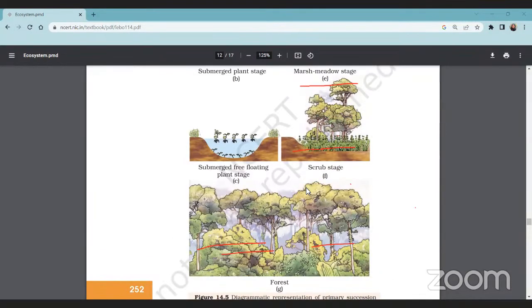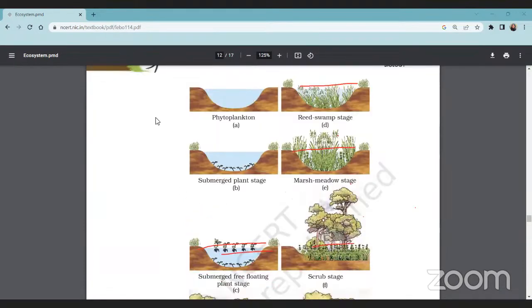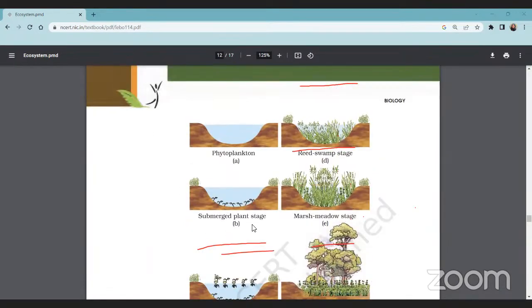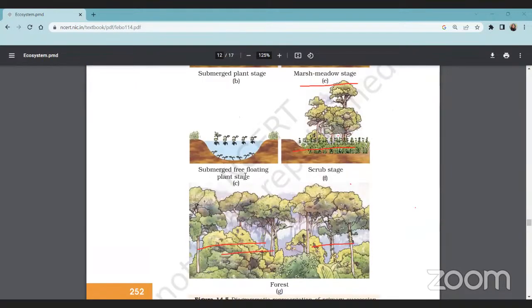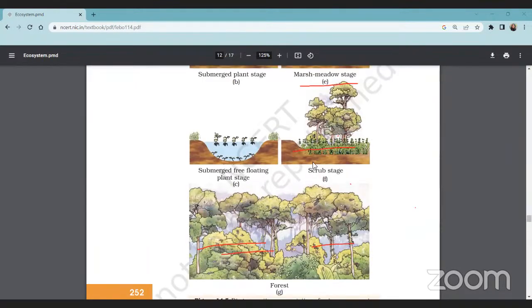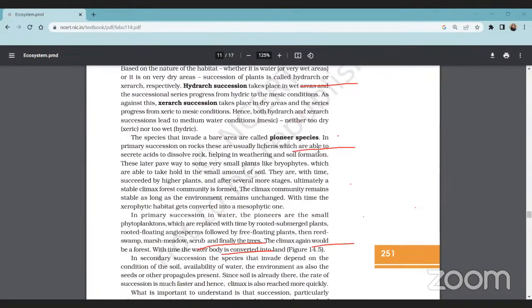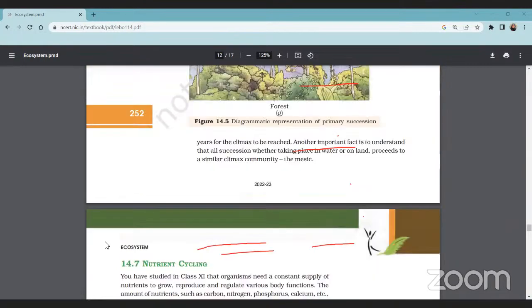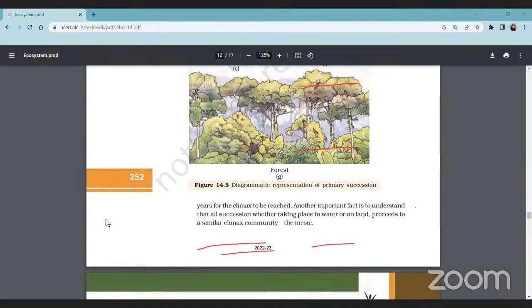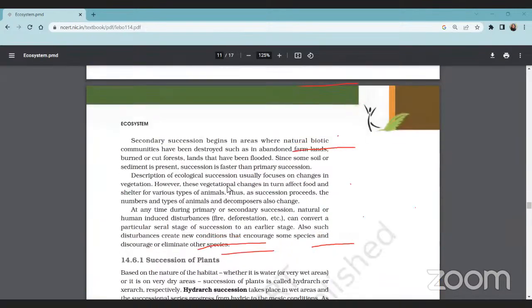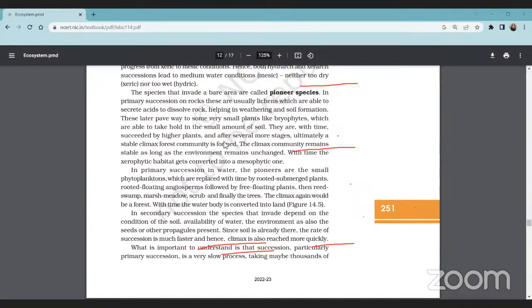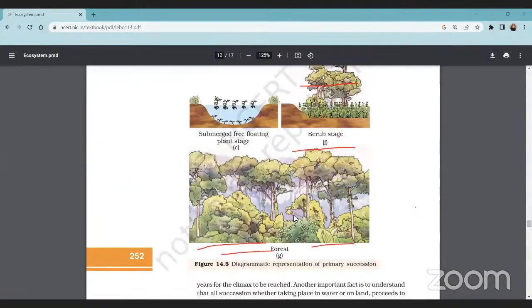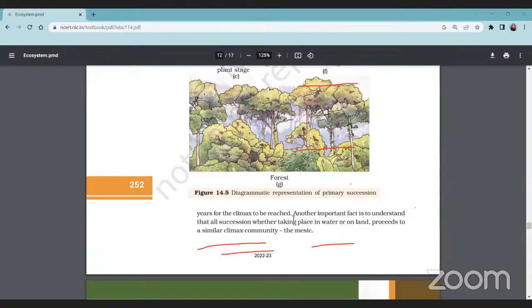Over many thousands of years, the phytoplanktons are converted into the submerged plant stage, then the submerged free floating plant stage, and so on, and finally they develop into a forest.